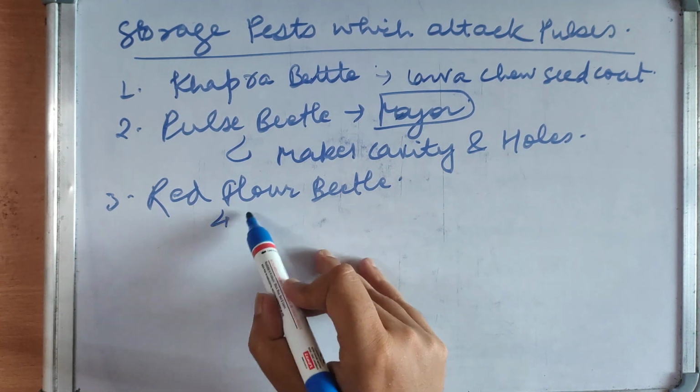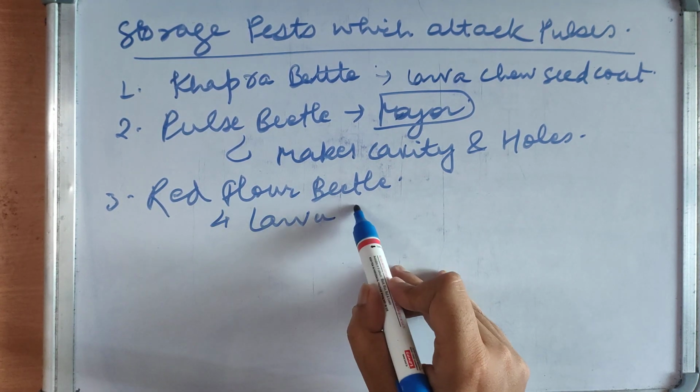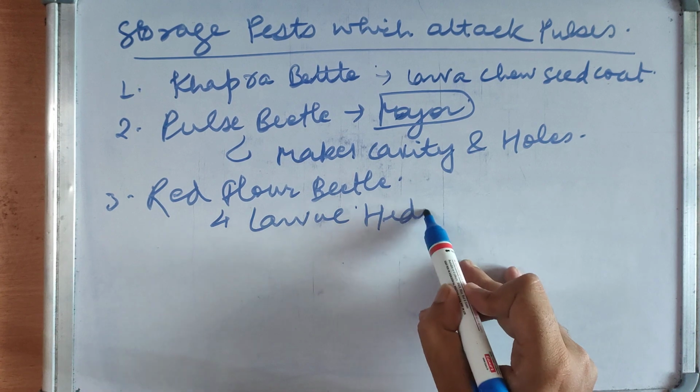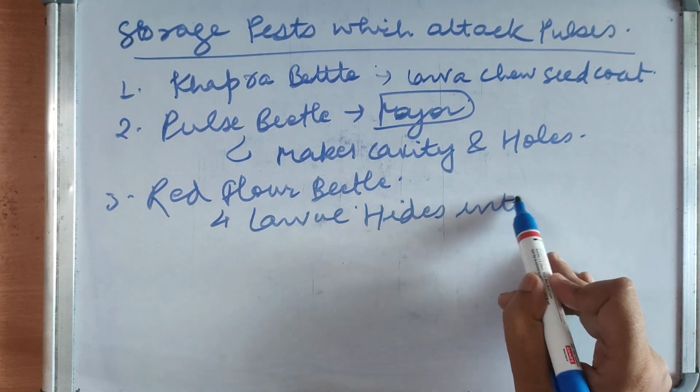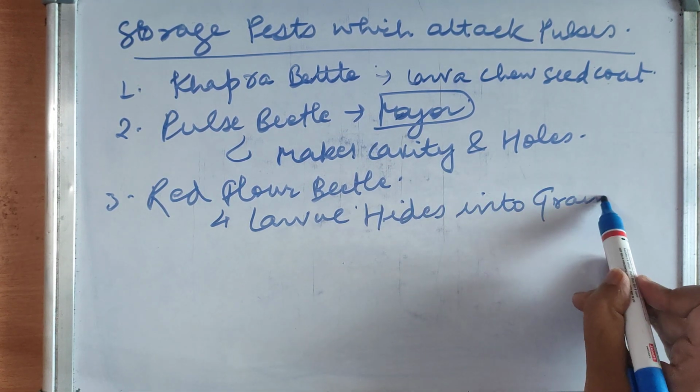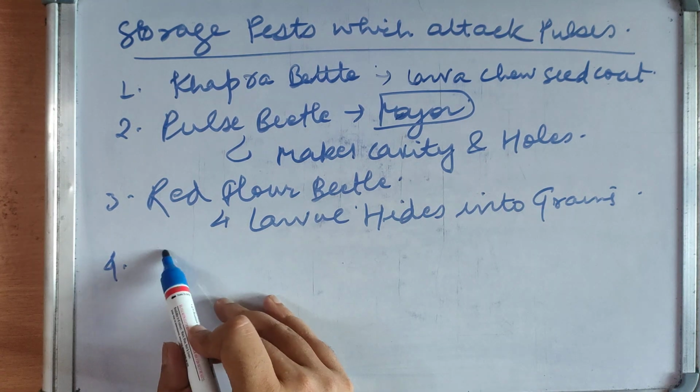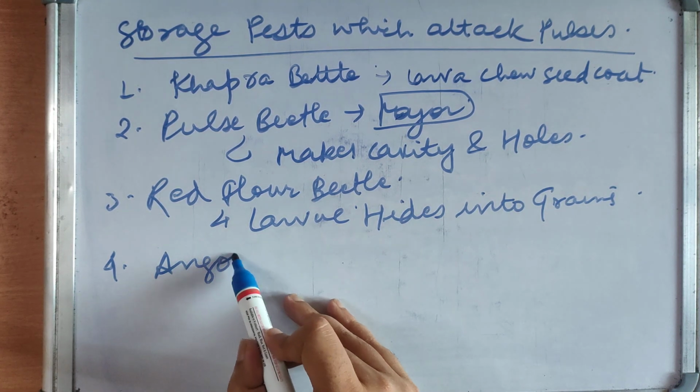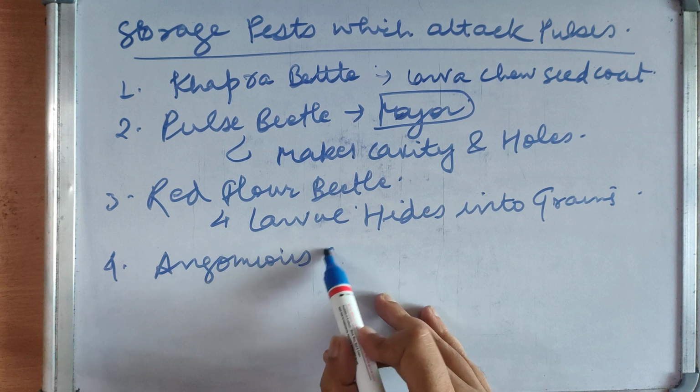Its larva hides inside grains. Fourth one is Angoumois grain moth.